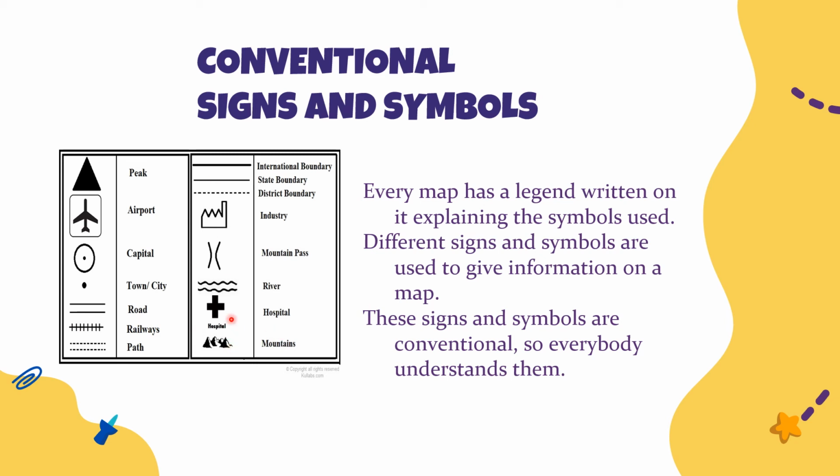A hospital is represented as a plus symbol, and for mountains you have a small mini mountain symbol. These are the symbols used in a map. If you want to read a map, you need to know about these conventional signs and symbols.